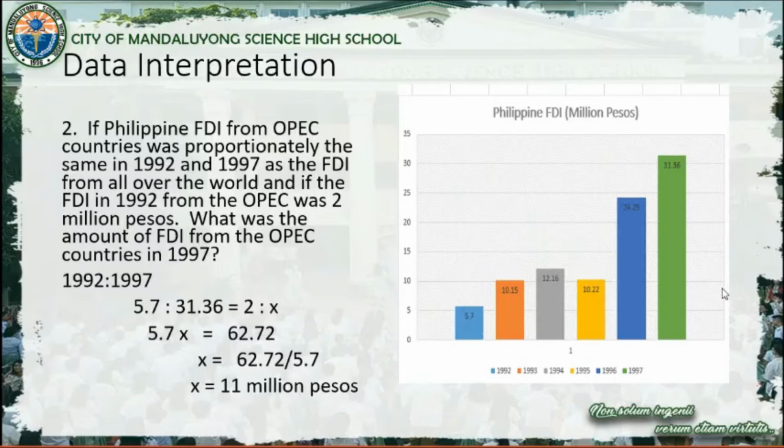So gagamitan natin ng ratio and proportion. Since 5.7 is to 31.36, 1992 and then 1997, equal to 2 is to x. To solve for x, 5.7 times x is equal to 62.72. x is equal to 62.72 divided by 5.7. So therefore, x is equal to 11 million.